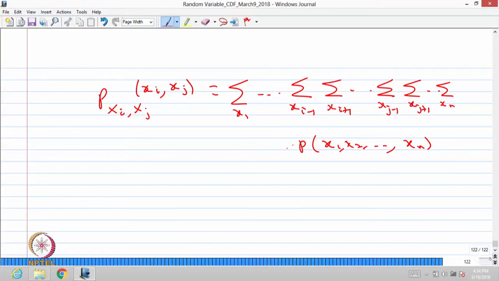Let us go for one simple example of how one can visualize a two-dimensional discrete type random variable.